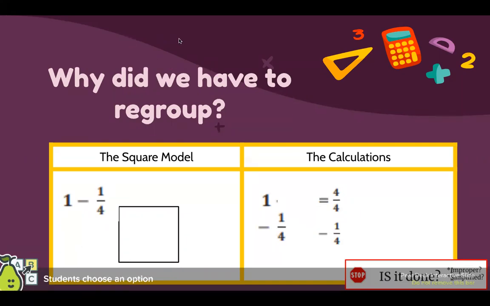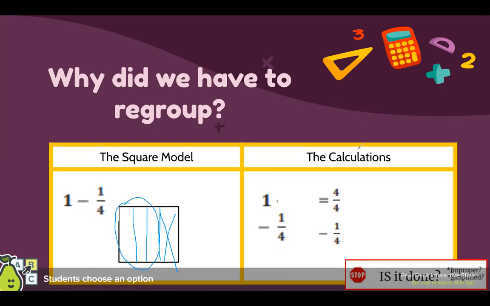And if you took 1 whole and then said, I want to take away 1/4 of this, you would just simply divide it into 4 equal pieces and you would get rid of one of them. And that would give you 3/4 left.